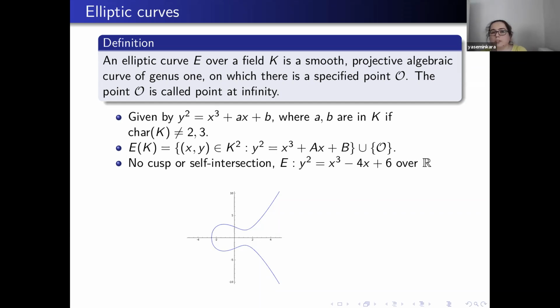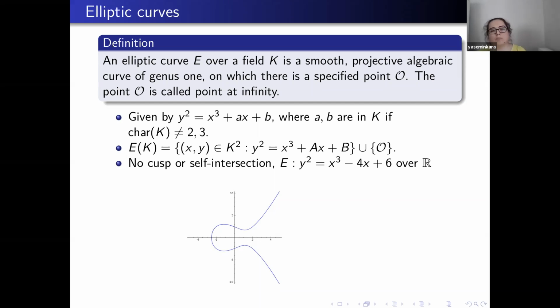If the characteristic of your field is not 2 or 3, then your elliptic curve in non-homogeneous coordinates is given by y squared equals x cubed plus ax plus b, where of course a and b are in K. If you consider the points on this elliptic curve together with the point at infinity, you can define an operation on the points so that E of K becomes a group.